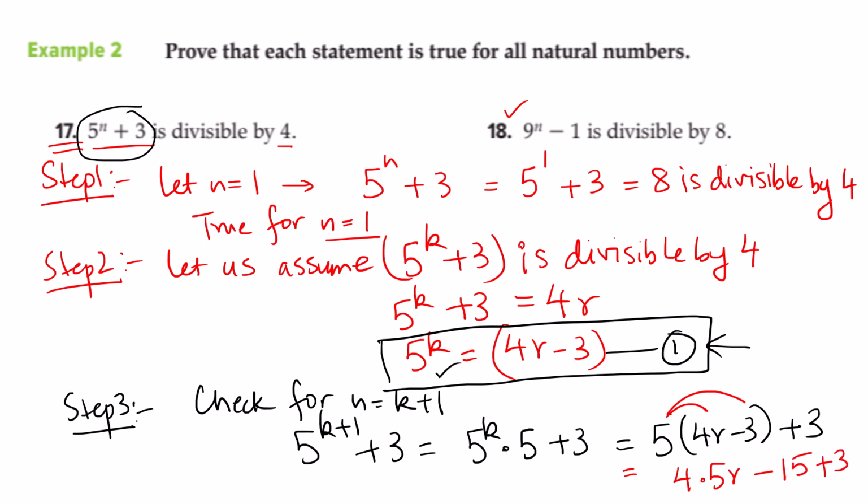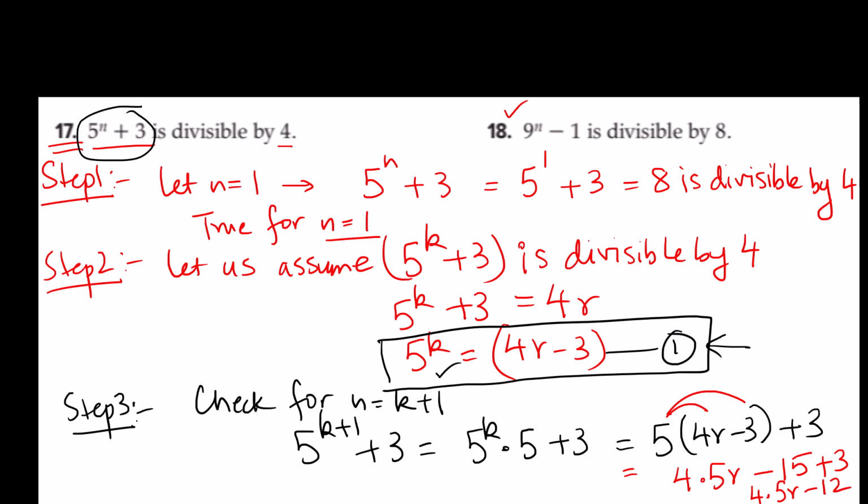15 has a negative sign because 5 is multiplied with negative 3, and this 3 combines, so we get 4 times 5r minus 12. Now 4 and 12 have a common factor 4, so I can take it outside. So 4 times (5r minus 3), this is the value that becomes equal to 5^(k+1) plus 3.